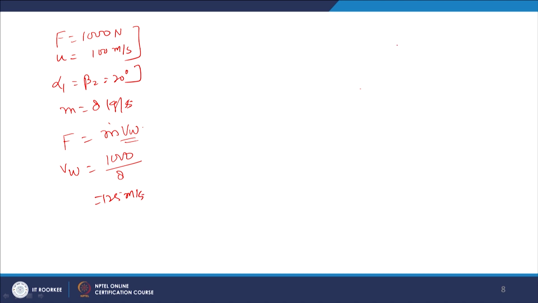If you look at the velocity triangle for a Parsons turbine, this is U, this is V1, this is VR1, this is VR2, this is V2, this is alpha 1 and this is beta 2. They are known, 20 degrees, right? But what we don't know is beta 1.